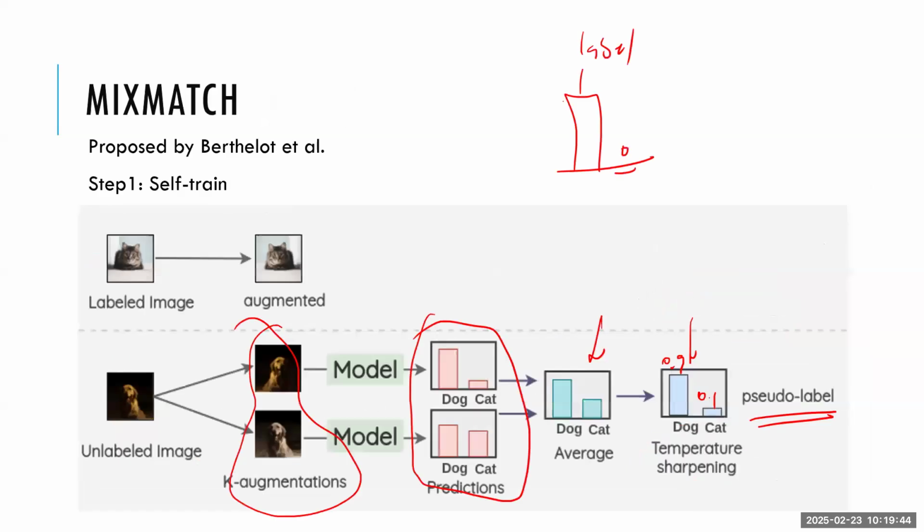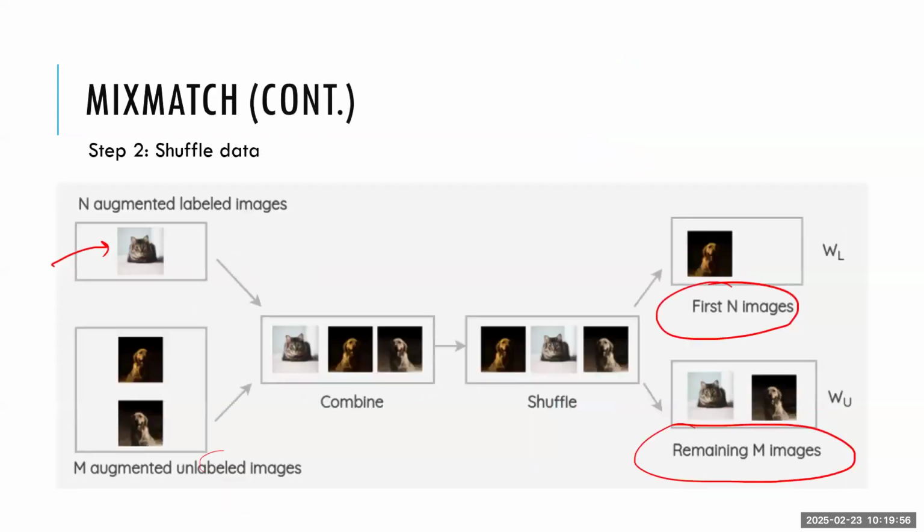So just a quick recap, right? You start with self-train. You have the model from label. You get the pseudo label using that model. And then you mix up the label. So basically you have one original label image, and then you augment it n times to get n of the same cat.